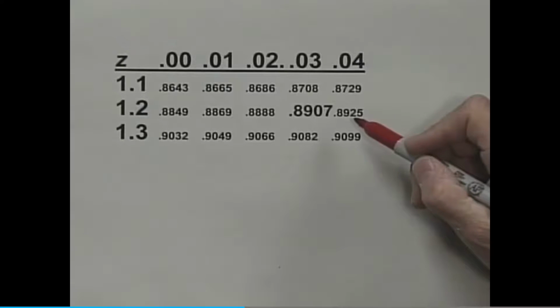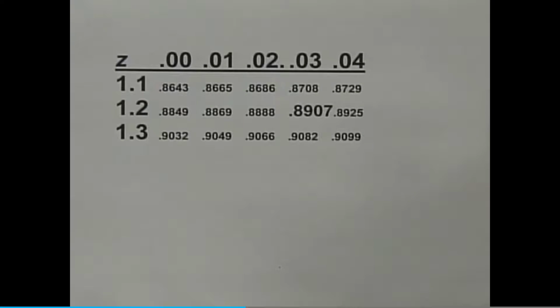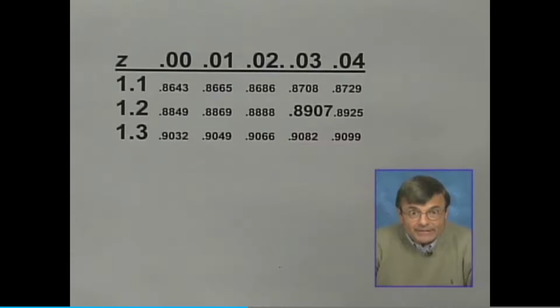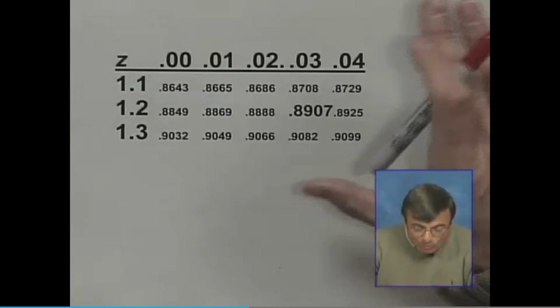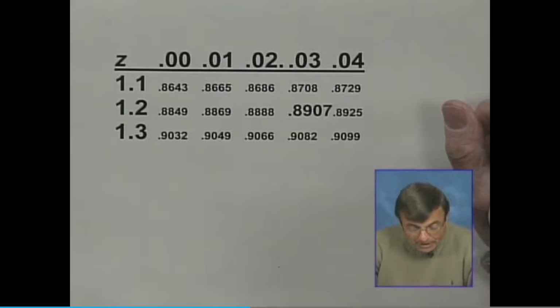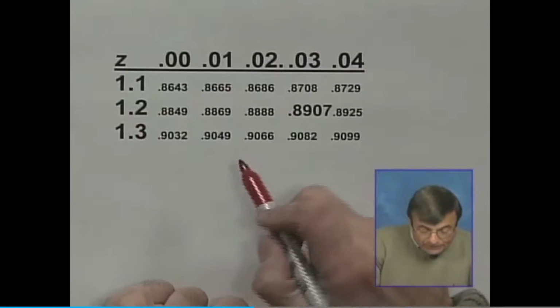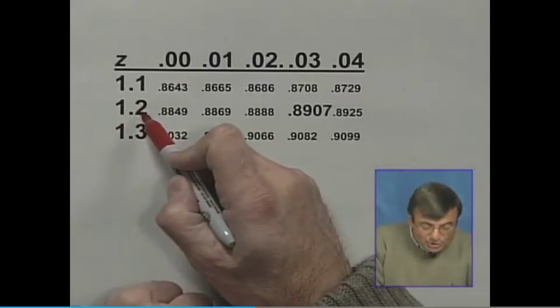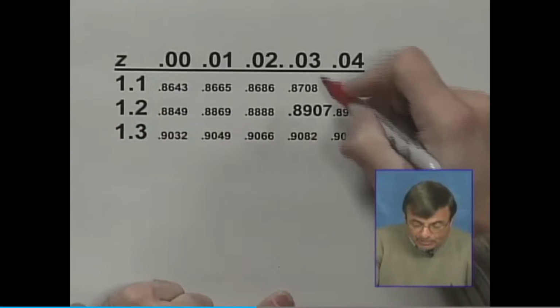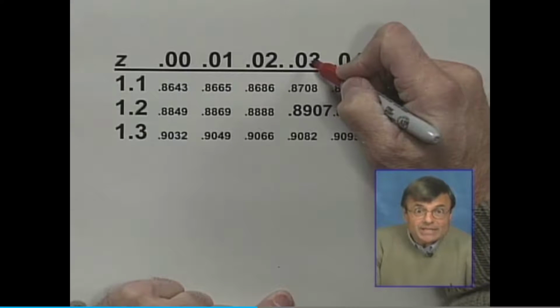Here's a small segment of Table 2. Your Table 2 is actually on 2 pages for positive z-values and for negative z-values. I've extracted a small portion of the positive part, and I want to look up the z-score of 1.23. So when I refer to my table, the 1.2 is at the left, and the 0.03 is across the top.